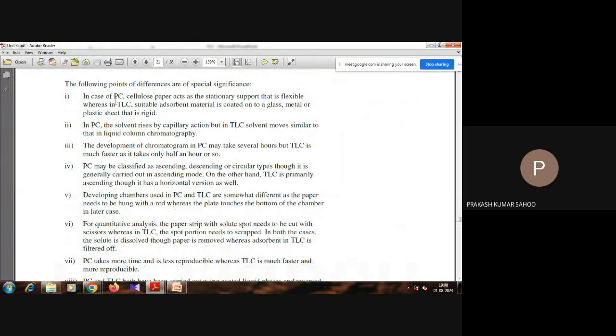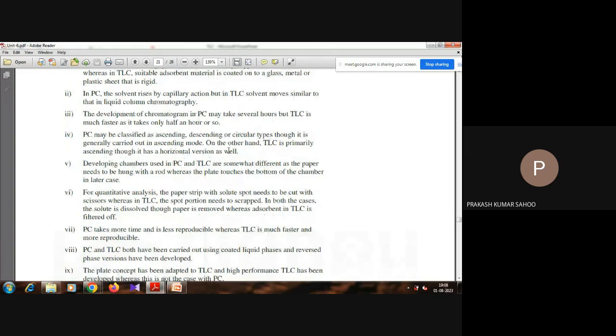In paper chromatography, cellulose paper acts as a stationary support that is flexible, whereas in TLC, the adsorbent material is coated on glass, metal, or plastic sheet, that is rigid, not flexible. Please see, in paper chromatography, the solvent rises by capillary action. In TLC, the solvent moves similar to that in liquid column chromatography.